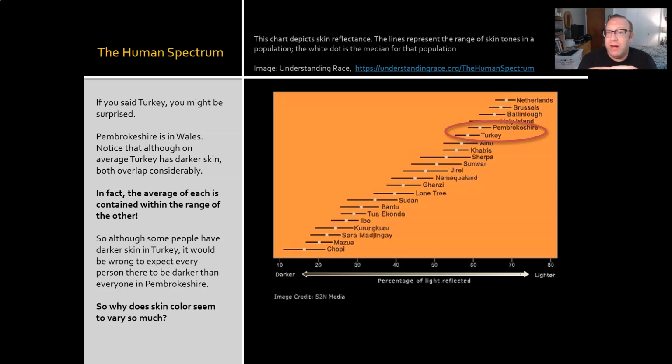So, while on average people in Turkey may have darker skin tones than people in Pembrokeshire on average, if we did just pull 2 people randomly from both, a person from each population, we wouldn't be guaranteed that the person from Turkey would always have darker skin. It's as simple as that.